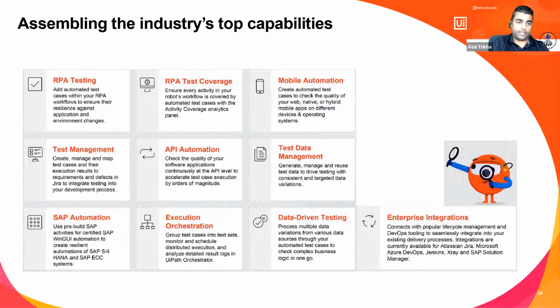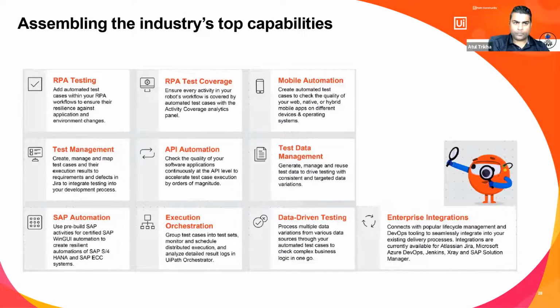It covers RPA testing, because the foundation of the test suite is RPA itself, right? UiPath Test Suite basically starts with RPA, and that is where it becomes important that when we are writing automation, we should also have some way to test that automation. That's where UiPath's top capability starts, with RPA testing.